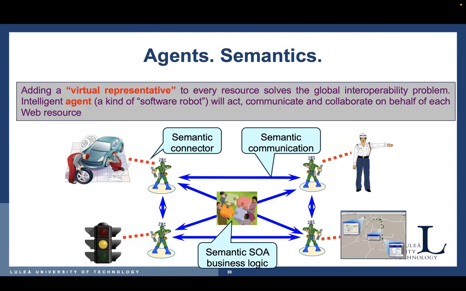So technically, we are talking about a system where each resource, and we will be talking about what kind of resources we mean here, is accompanied with a software unit, which is a virtual representative of this resource.